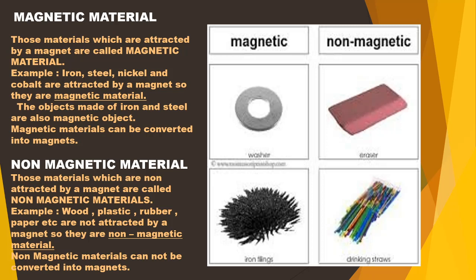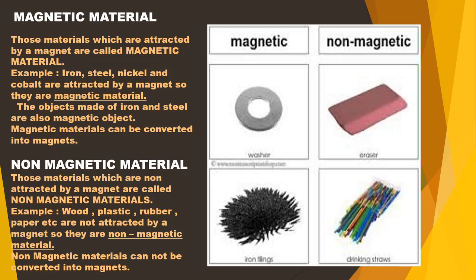So if you keep a magnet, there will be some materials which will be attracted by the magnet, and these are known as magnetic materials. What are the examples? Examples are iron, steel, nickel, cobalt. All are attracted by a magnet, so they are called magnetic materials.